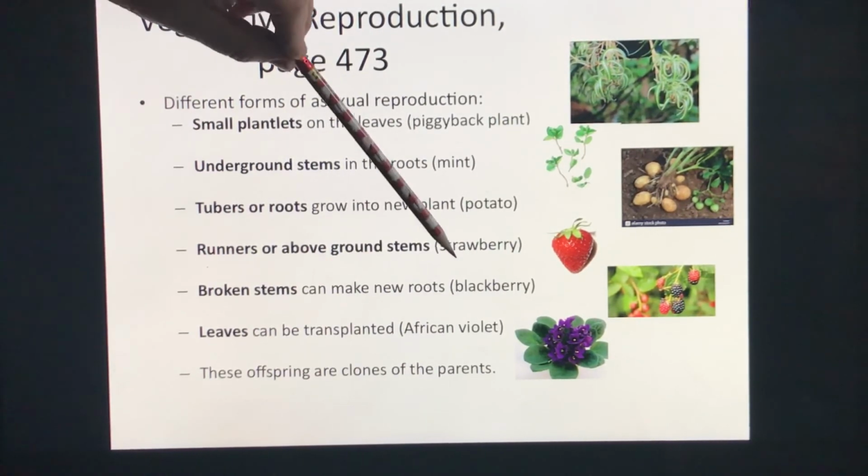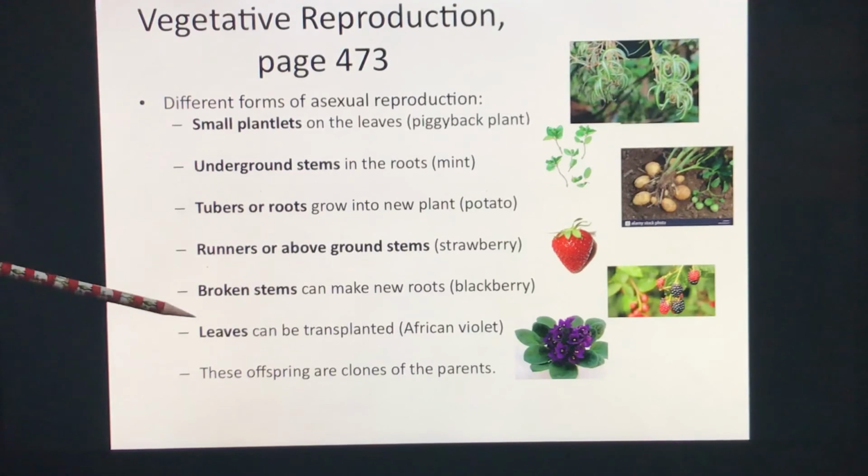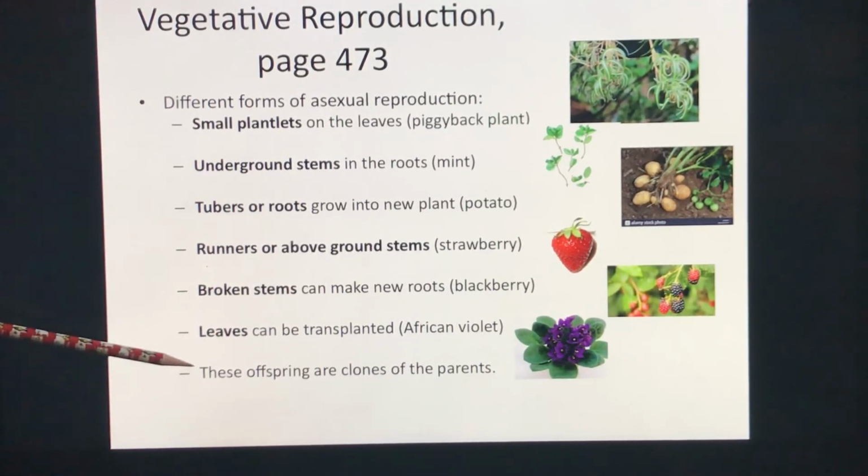An example would be blackberries. And then interestingly, some plants can even be propagated by the use of leaves. An example of that is the African violet. And the one thing they all have in common is that the offspring are essentially clones of the parents. They're genetically identical.